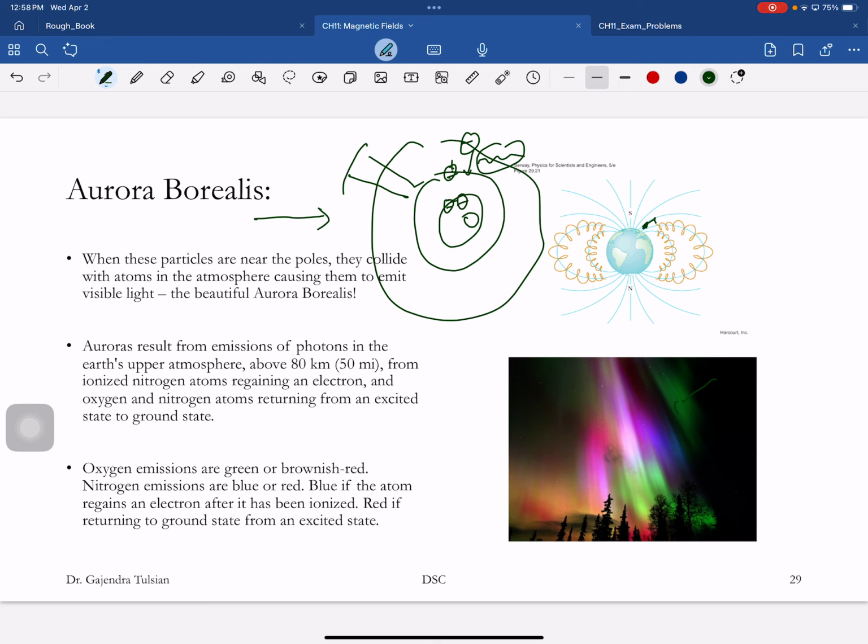So if we had a disaster of a planetary kind and we lose our magnetic field, would we have aurora borealis or auroras all over the world? Yeah, but this is more concentrated, so this would be brighter.